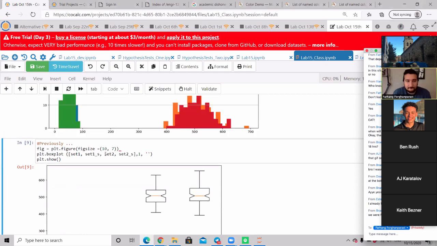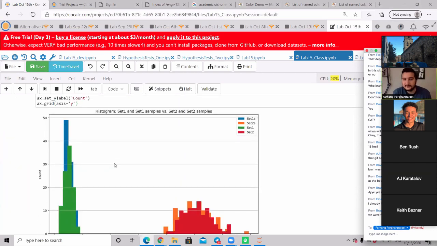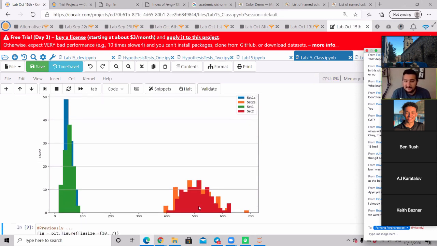So this is a histogram showing my original set 1 in green, my original set 2 in red, my resampled set 1S in blue, and resampled set 2S in orange.